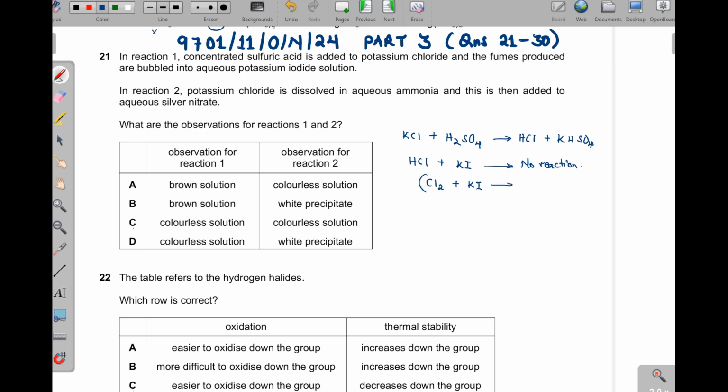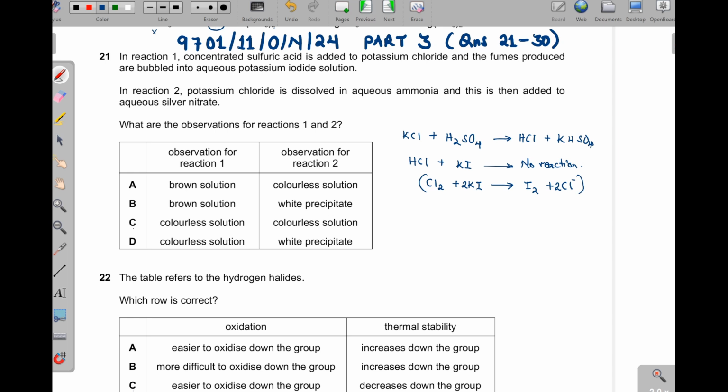For this case, chlorine is going to oxidize the iodide ions to iodine, and chlorine becomes negatively charged. So chlorine becomes reduced and iodide becomes oxidized. So that is what we get here. You see?